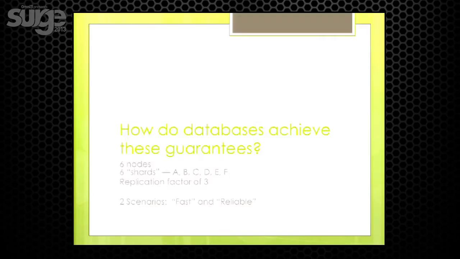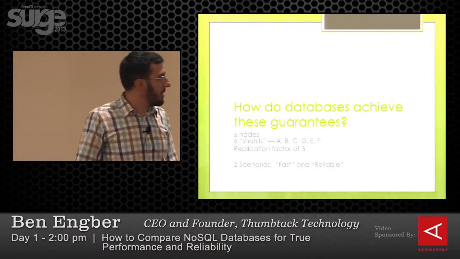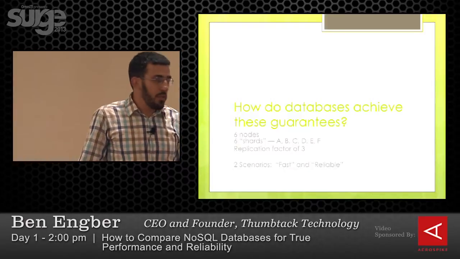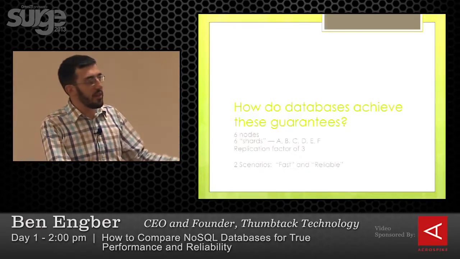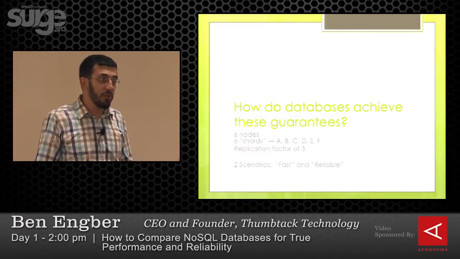So now I'm going to take a step back a bit, because in order to go into how these databases achieve the various types of trade-offs in terms of scalability, I need to go into a little bit about what they're doing under the covers. What I'm going to be discussing here, I'm going to represent on these slides as a series of 6 nodes, just representing a simple cluster.